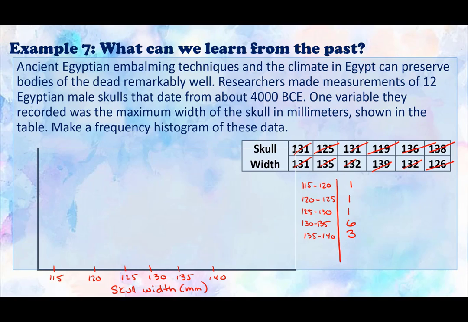And then over here is going to be the frequency. I'm going to try to draw sideways here. Frequency. It's between 1 and 6 here, so let's just go by lines: 1, 2, 3, 4, 5, 6.